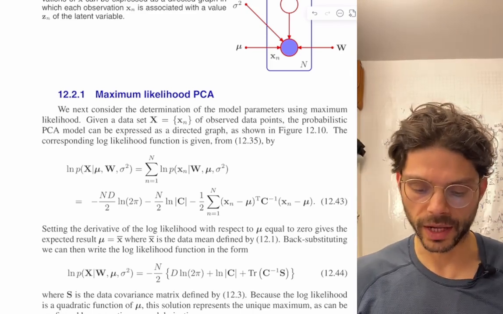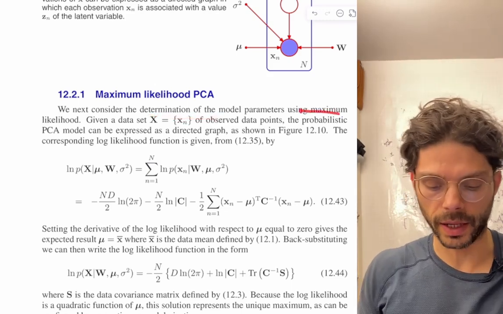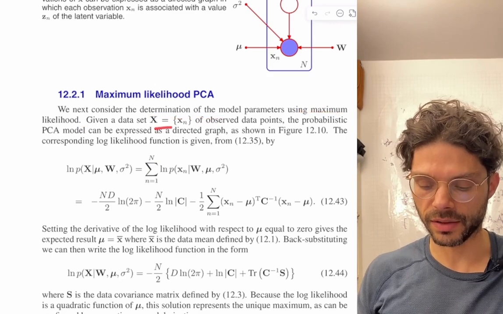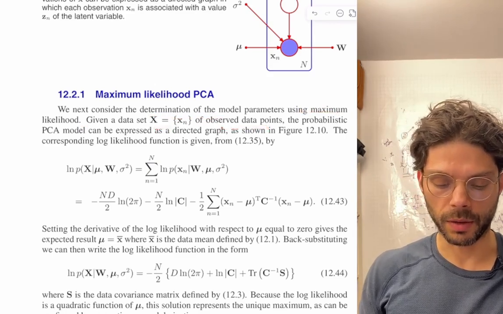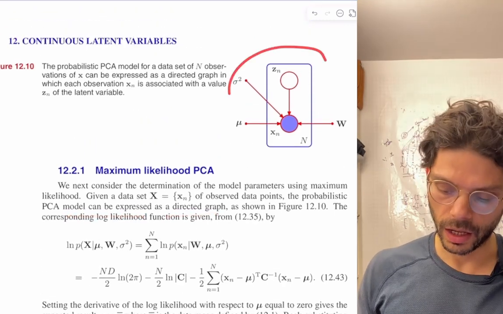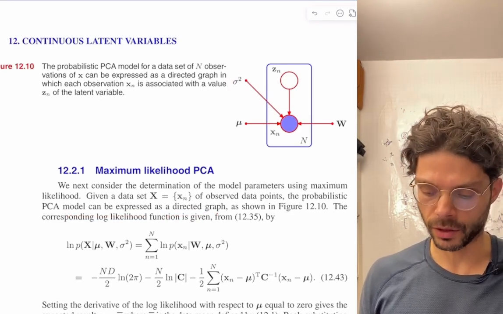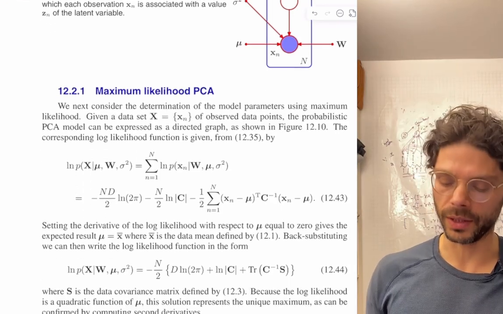We next consider the determination of the model parameters using maximum likelihood. Given a data set X of observed data points, probabilistic PCA can be expressed as a directed graph, which is shown up here. We won't talk about this just yet because we haven't covered graphical models yet, and it's not really necessary at this point.